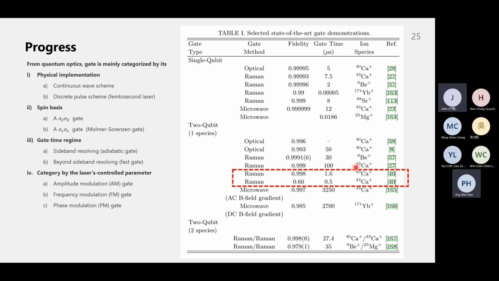It can also achieve sub-microsecond gates, around 500 nanoseconds, but the fidelity isn't really good. Here they are using the continuous wave scheme and the sigma z gate, which does not use discrete pulses, and they are only using amplitude modulation in this case.